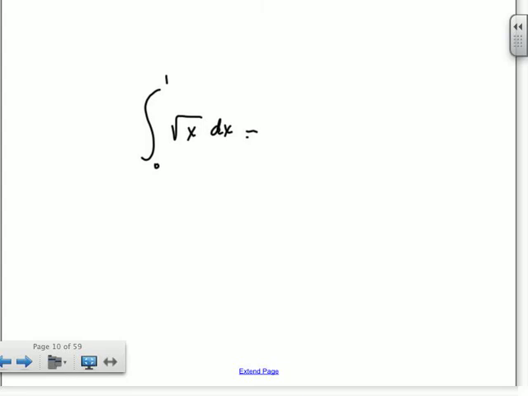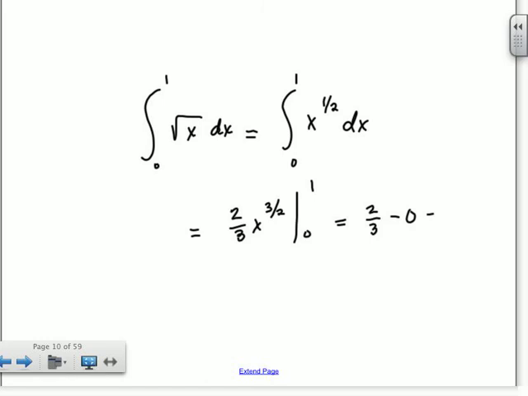It's easier if you think of it as x to the 1/2. So what do you take the derivative of to get x to the 1/2? 2/3 x to the 3/2. That's exactly right. Going from 0 to 1, plug in 1 and I get 2/3. When I plug in 0, I get 0. So it's 2/3. Much quicker.